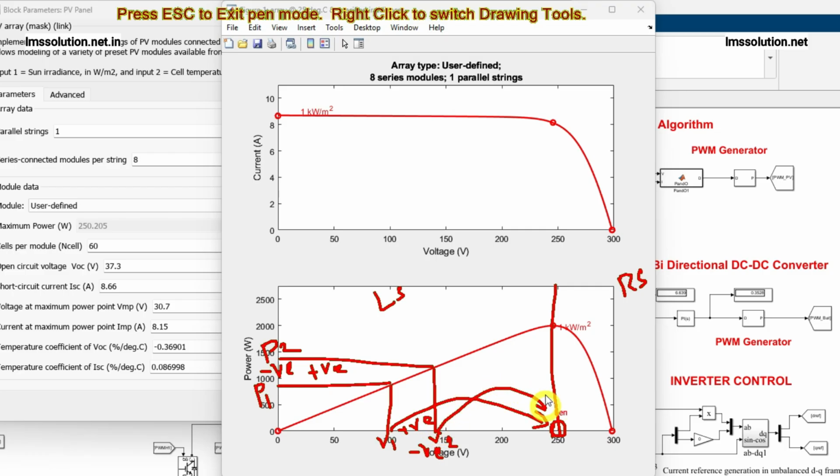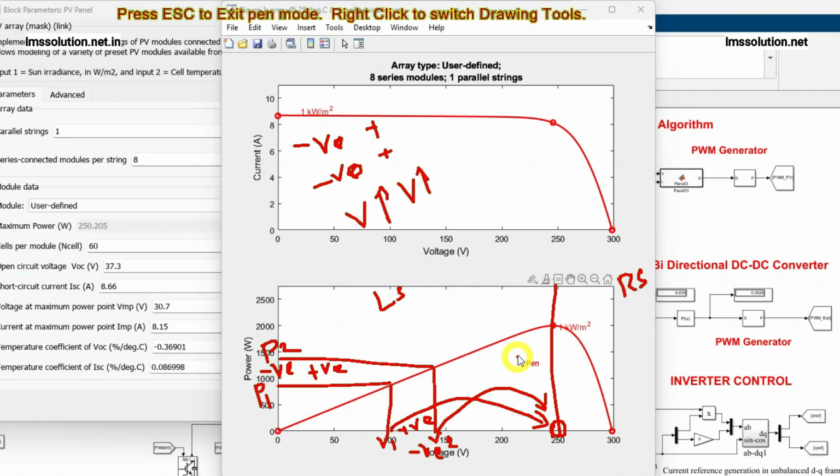That means here also we need to increment the voltage. So on the left side there are two conditions: negative and negative, and positive and positive.